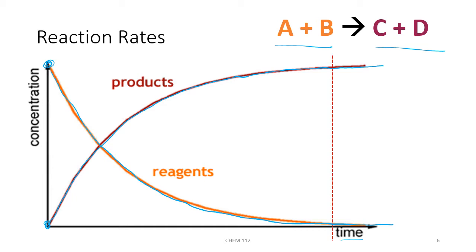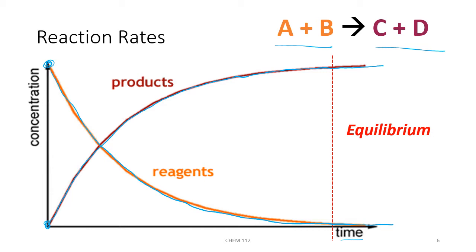Up until the red dashed line, the concentration of our products and our reagents are changing, whereas after the red dashed line, they're stable. Everything before or to the left of the red dashed line represents what we'll look at in this chapter. Where we're changing concentrations and rates throughout the reaction is studying kinetics. Everything to the right, where the concentrations are remaining stable, represents chemical equilibrium.